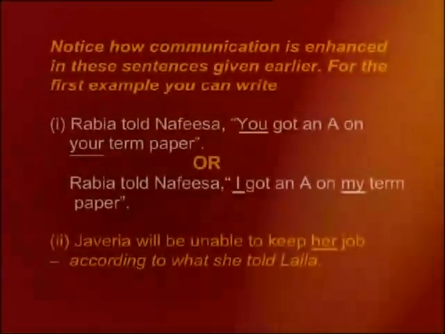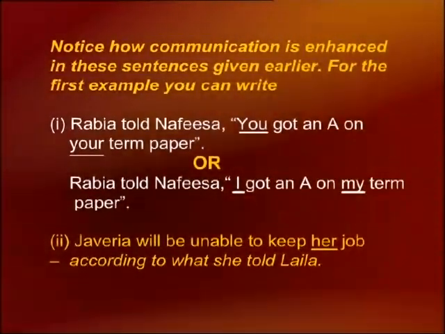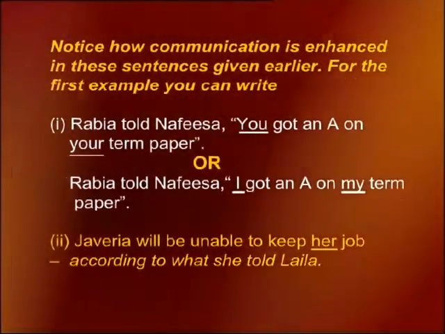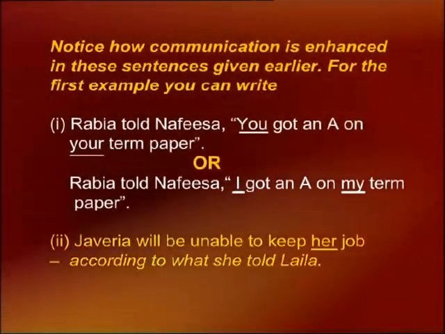Now you have seen 6 examples, and in these examples the mistake was the wrong use of the pronoun. Now notice how communication is enhanced in these very sentences. You can rewrite them in a different way, in a way that will make the meaning clear.